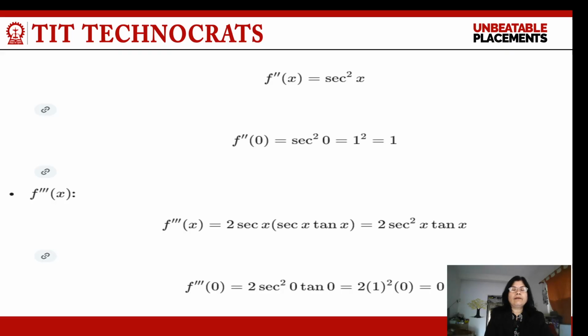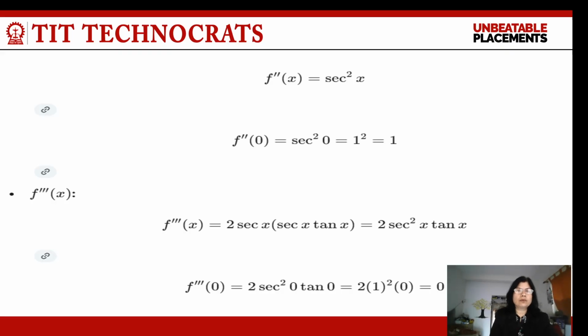Then f double dash x is equal to sec square x, because we know that the differentiation of tan x is sec square x. Now we put the value of x equal to 0, so f double dash 0 is equal to sec square 0. We know that sec 0 is equal to 1, so f double dash 0 is equal to 1.